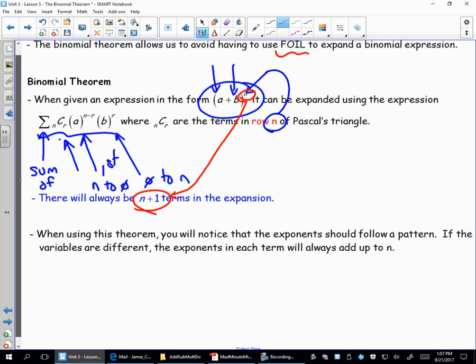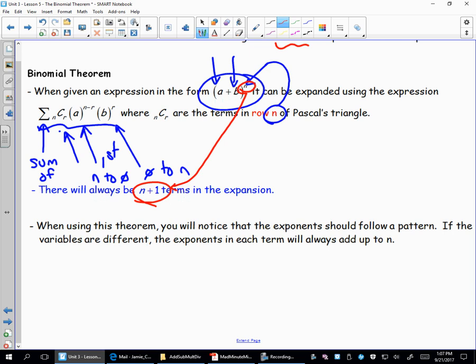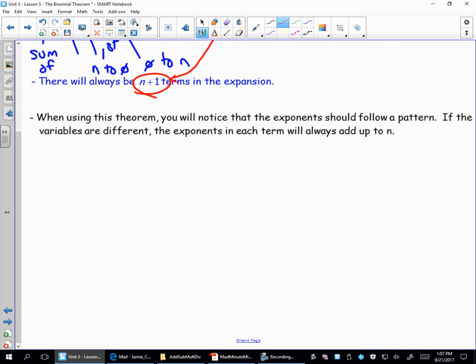One more little trick for you, just to point out: if you do this properly, the exponents are always going to follow a pattern. In the previous one, we went 3, and then 2, and then 1, then 0. It was not always going to be that kind of pattern. They could actually go up. They could go by 2s. They could go by halves. But they're going to follow a pattern.